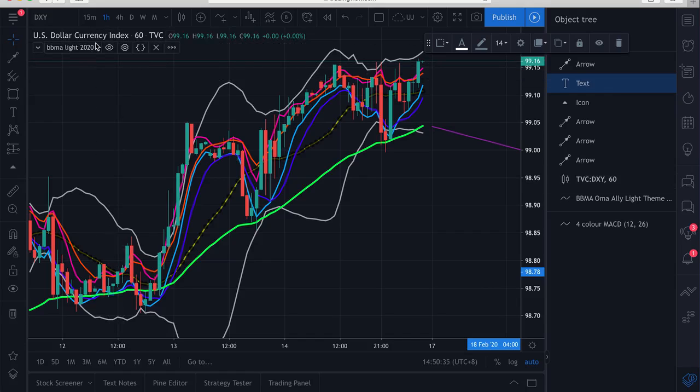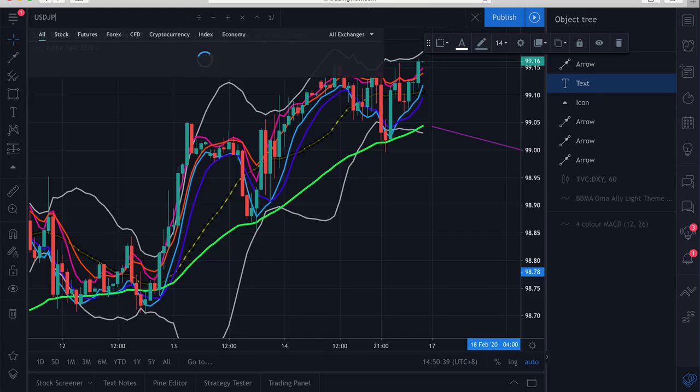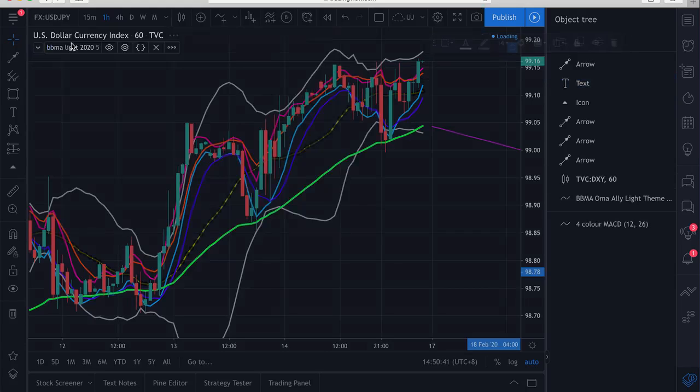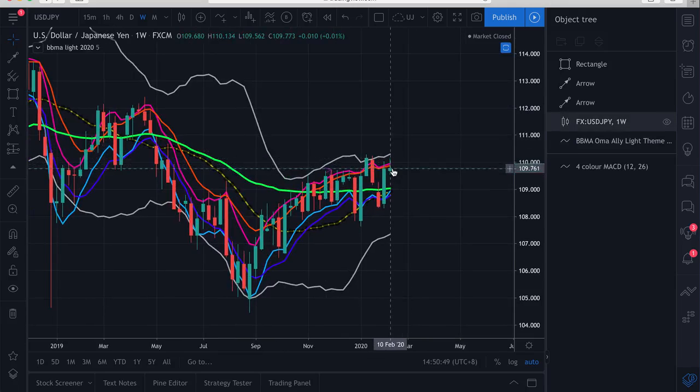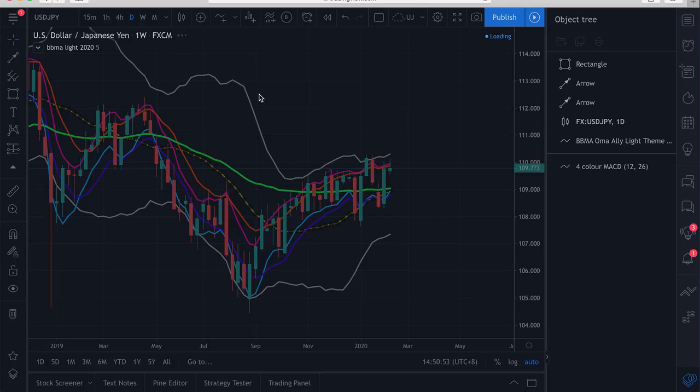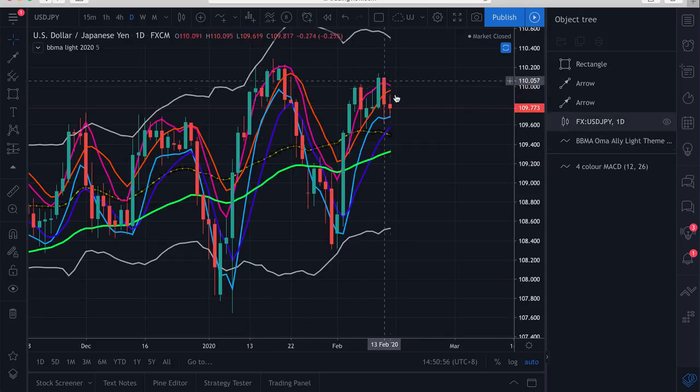Okay, next pair, we will look at USD JPY. USD JPY is one of our trades that we hold from the previous week. So in weekly time frame, we can see price is at re-entry sell. In daily is MHV sell. It's very nice price action here.